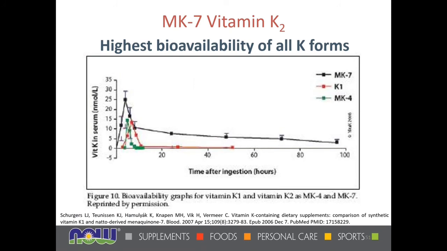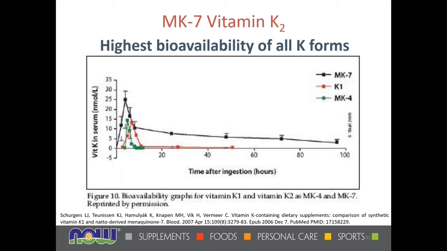And this chart is from a study showing comparison of K1 and MK7 with MK4. If you look at the black line, the area under the curve is MK7. The area under the curve is much more than the area under the curve for the red or the green indicated supplements. The green is MK4 and the red is K1.